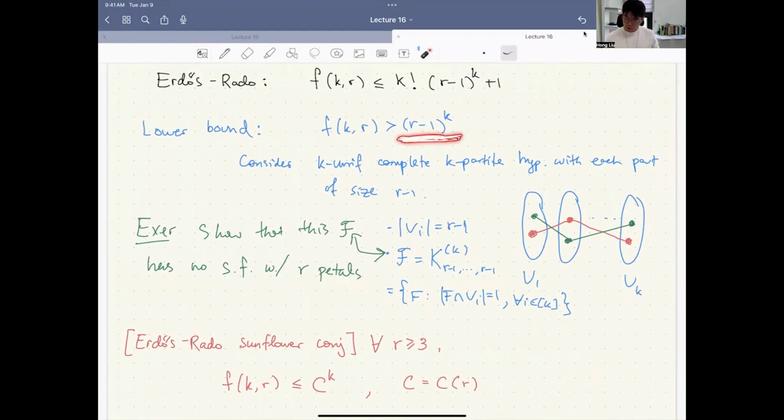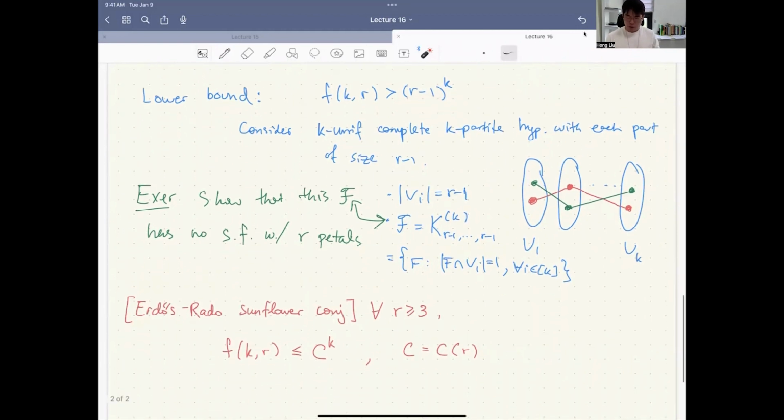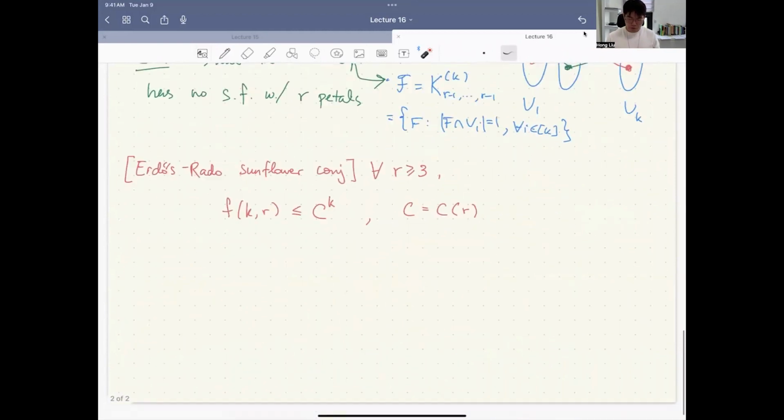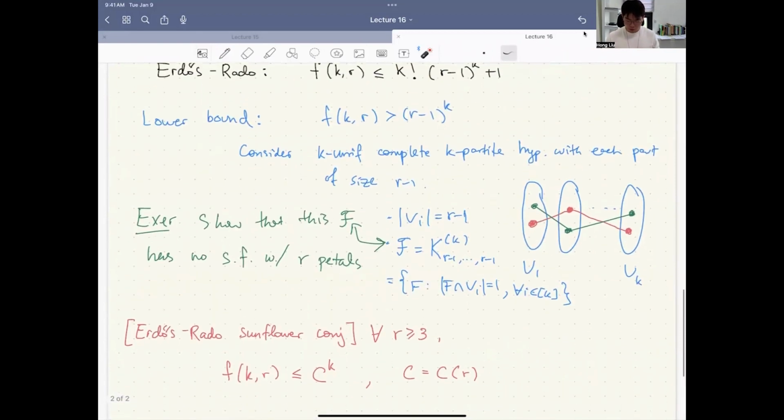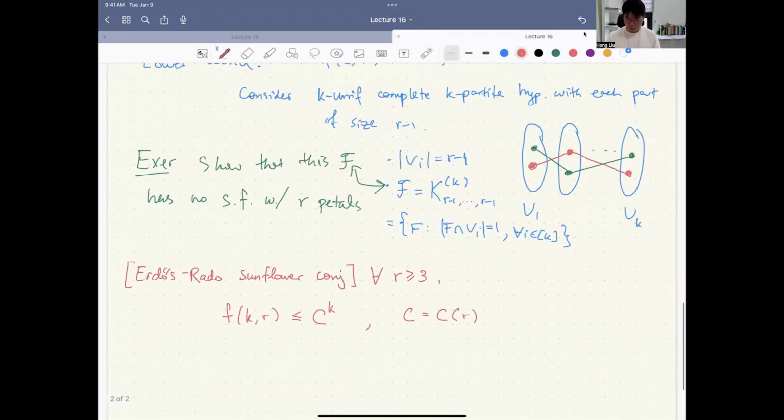So this factorial bound was recently drastically improved by a recent breakthrough. Let me mention the best known upper bound towards this conjecture.